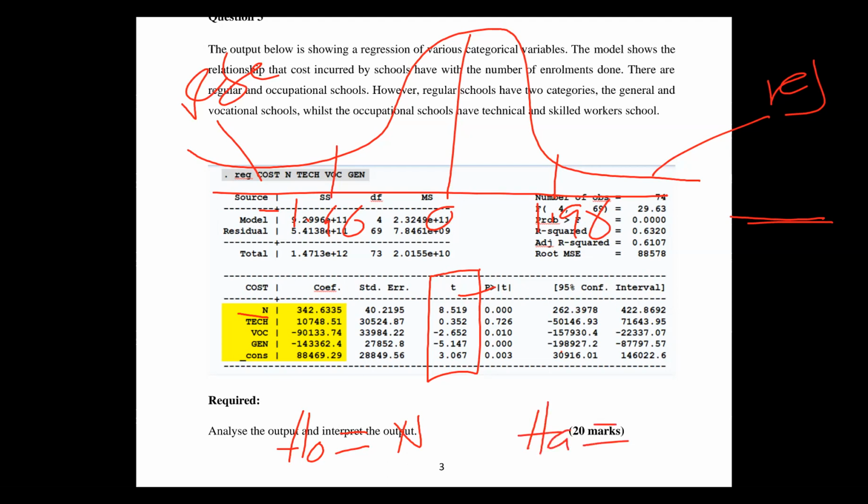When you say you reject the null, in short, you are rejecting that this variable does not have an impact, meaning it has an impact. You get it, right? So this variable falls in the rejection region. You will say the enrollments in skilled workers school have an impact on the total cost that the schools incur, isn't it?